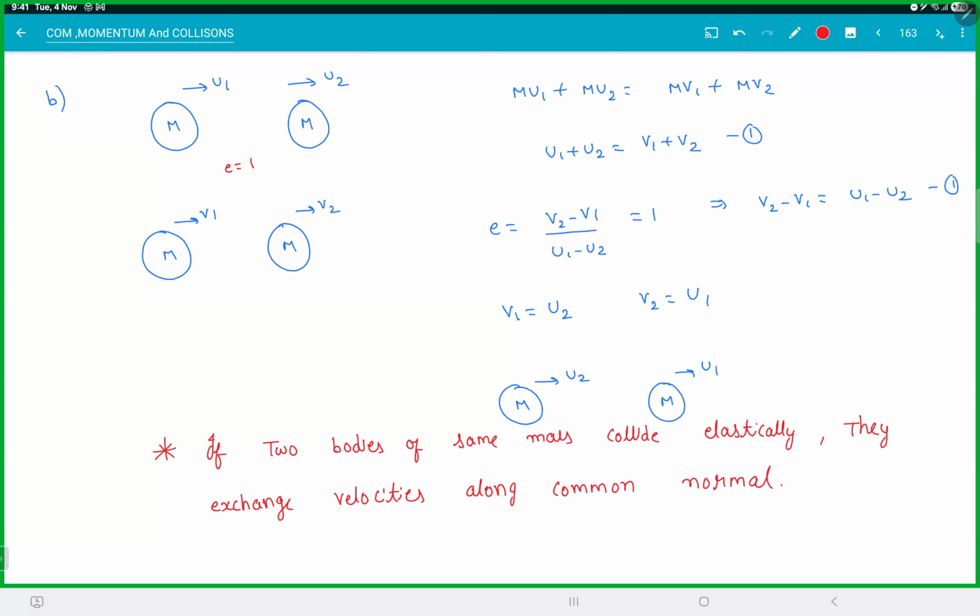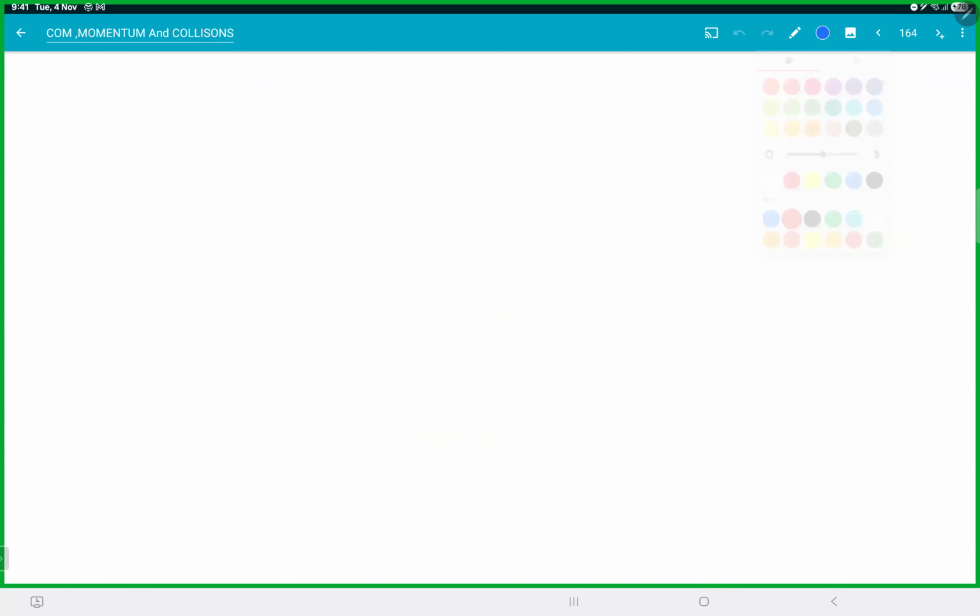Hello, let's start off. So let's say we have a pendulum. This mass is 2m. This is fixed here.